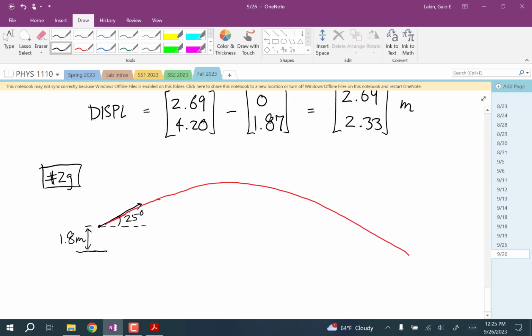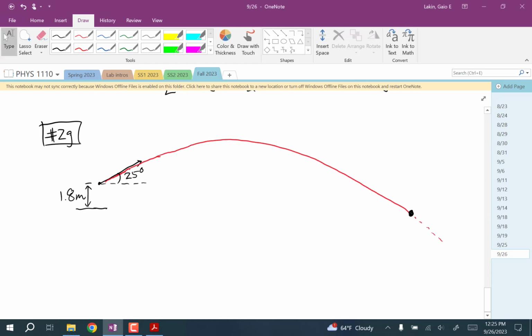And G asks you to sketch the velocity vector the instant before it hits the ground. So what's the velocity vector here? Well, you can calculate both of the components, and then you can sketch the vector that you get.